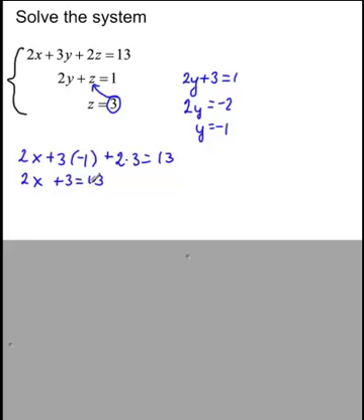If we subtract 3 from both sides, we will have 2x equals 10, or x equals 5. Now we have the answer for this particular system of equations. And the answer is the ordered triple with x equals 5, y equals negative 1, and z equals 3.